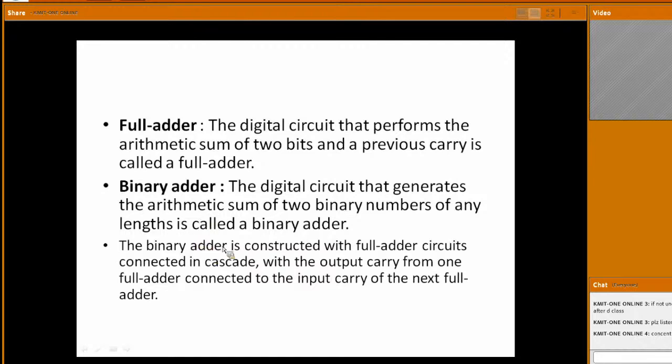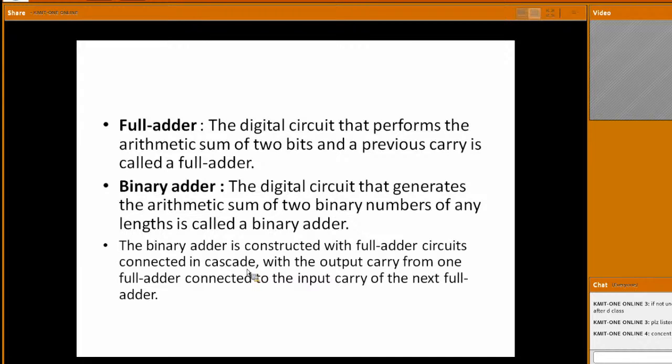Now, the binary adder is constructed using full adders, and these full adders are connected in cascade such that the output of one full adder is given as input to the next full adder.